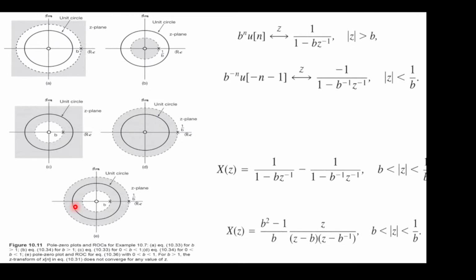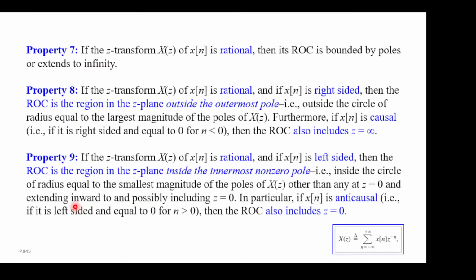If not, then let's finish the last 3 properties. Property 7 is just like property 7 before. If your z transform is rational, then it's a very nice function, and your ROC is bounded by poles or extends to infinity.